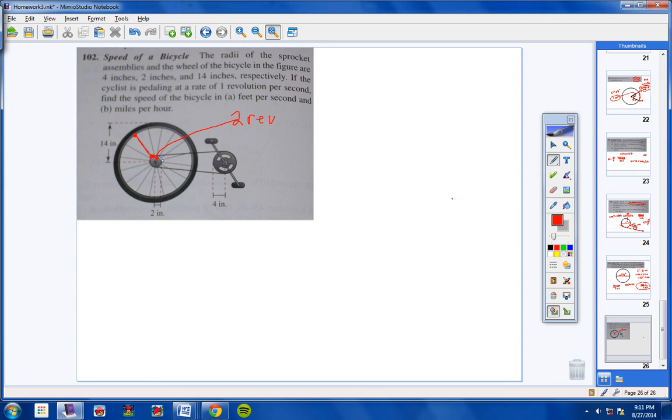So when this circle here went 1, 2, that means this dot right here also went 1, 2, because you have one circle inside of a circle. Look, it's just like this. If I have a circle like this, a circle like this, and a circle like this, and I have a rod like this, all of these points are going to make the same amount of revolutions.